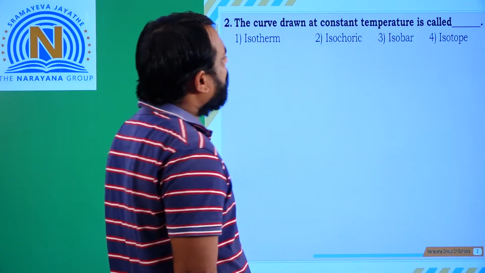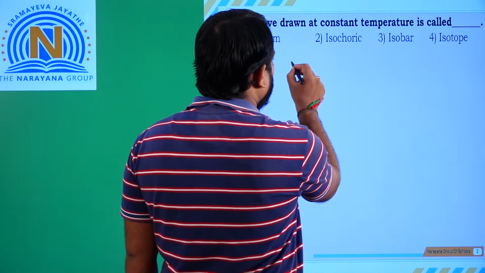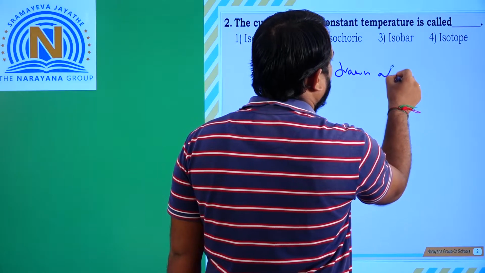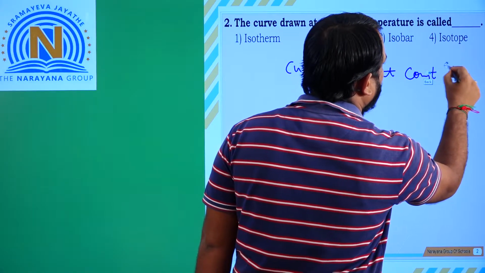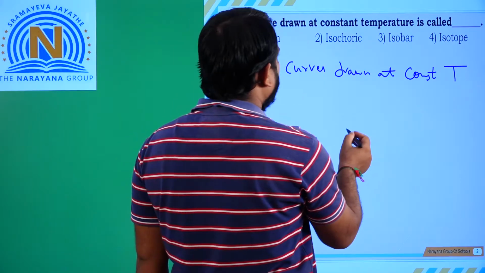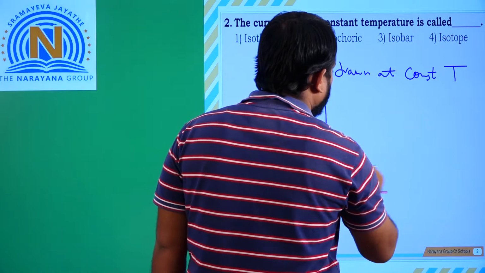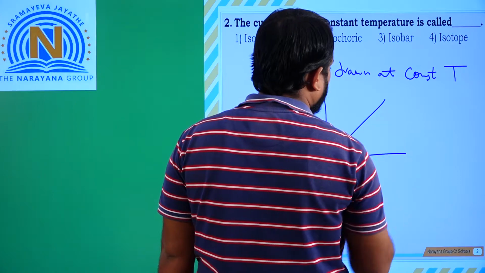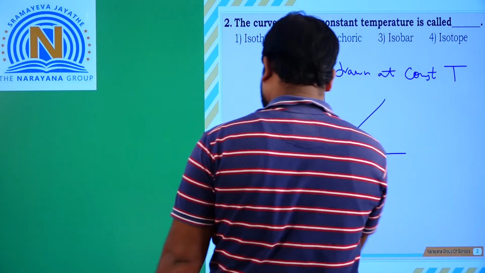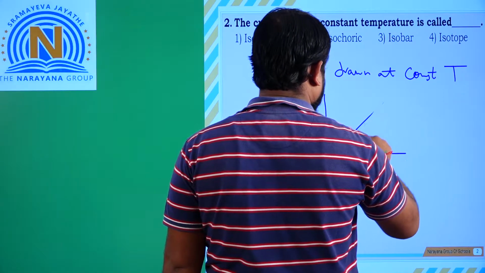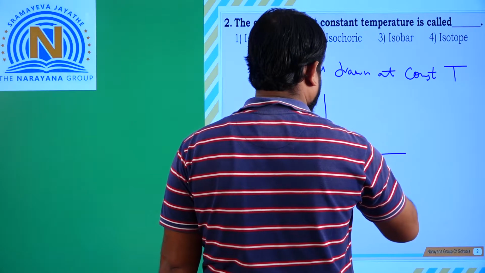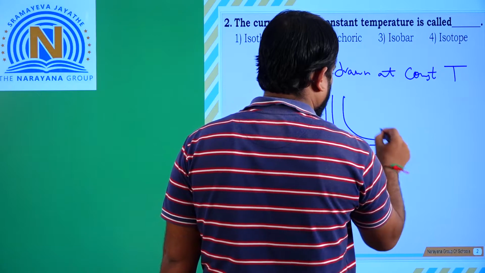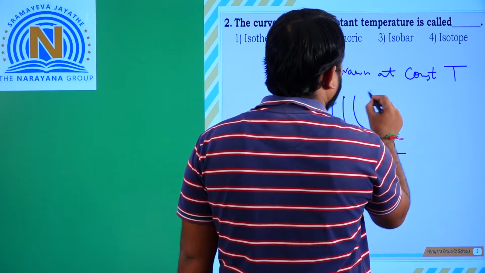Next, the curves or the graphs drawn at constant temperature, pressure versus volume, these are isotherms.